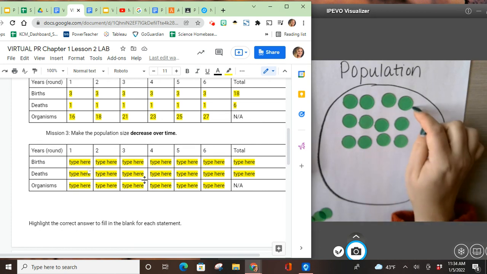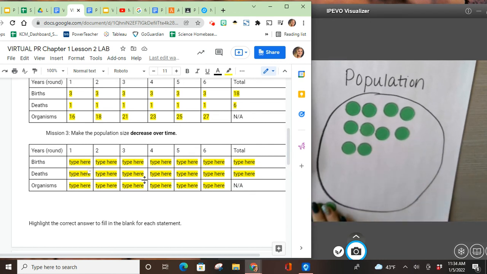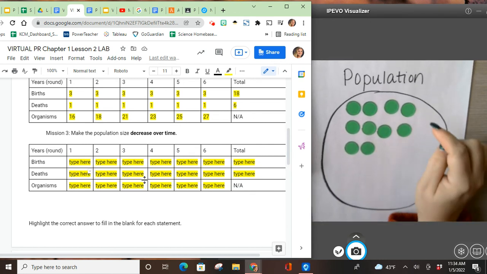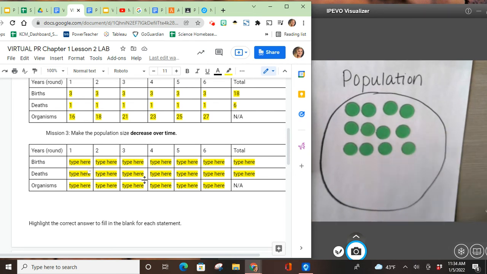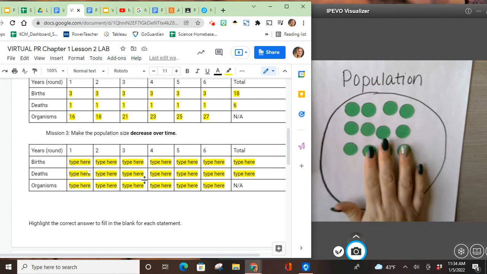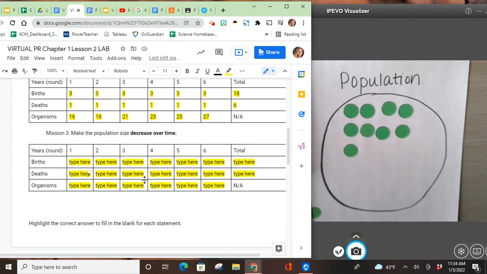How many are we left with? 4, 8, 12. Year 2, we have 1 birth, 3 deaths. What are we left with? 4, 8, 10. Now I'm going to say let's have in year 3, 2 births and 3 deaths. We have 4, 8, 9.